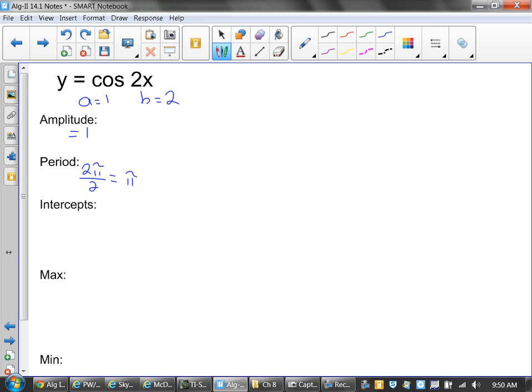So now, instead of working with 2 pi on the x-axis, my far spot is going to be pi. Let's make this a little bigger. What's halfway between 0 and pi? Good.